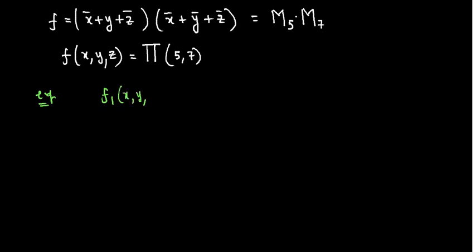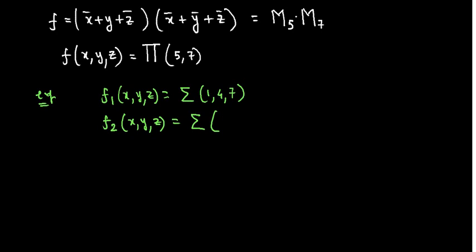X, y, z as 147 and f2 as five, 6, 7. You write the expressions, express this in min term and max term form.